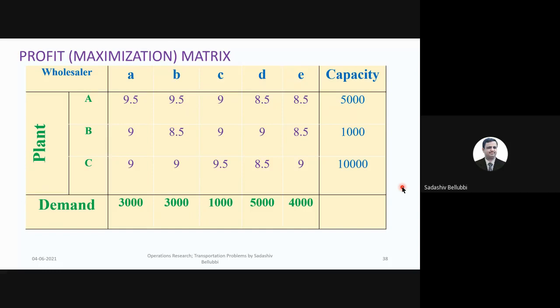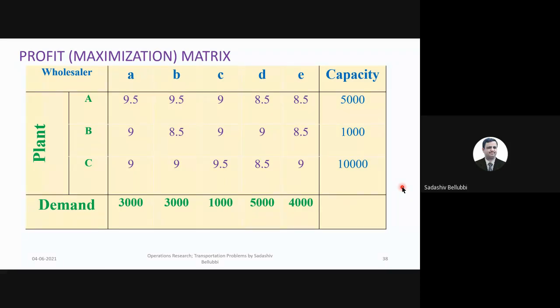Now I'll start with the second method only. I won't teach the first method, because there's a chance of getting confused in the exam. As this is a maximization problem, now we'll convert maximization into minimization. I already explained how to convert it.